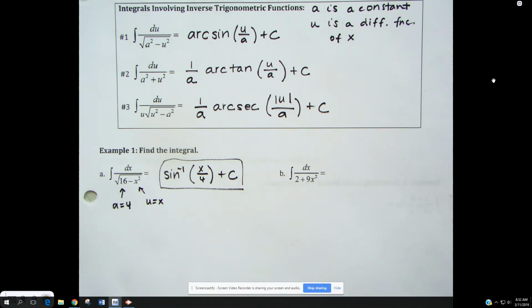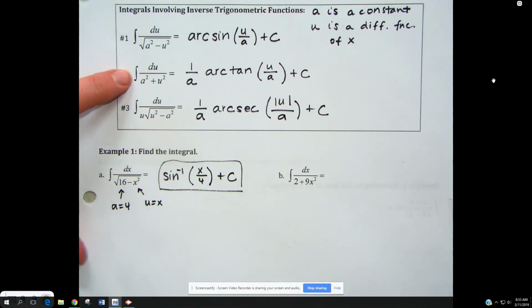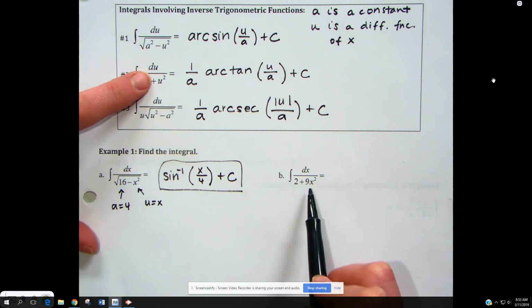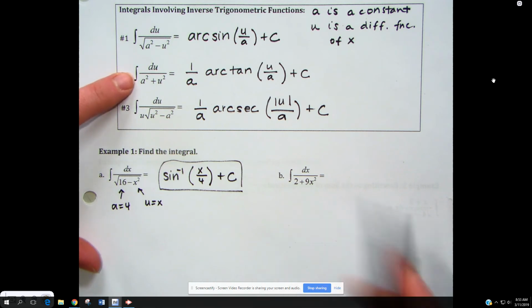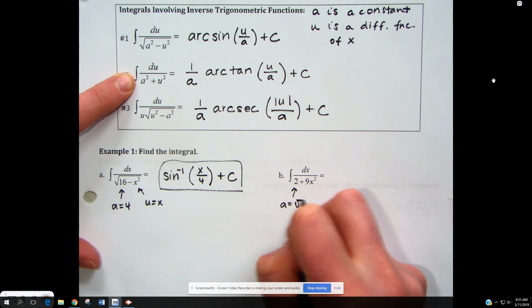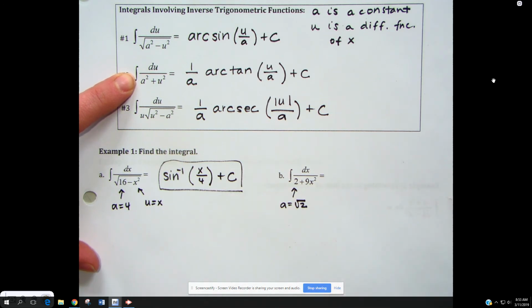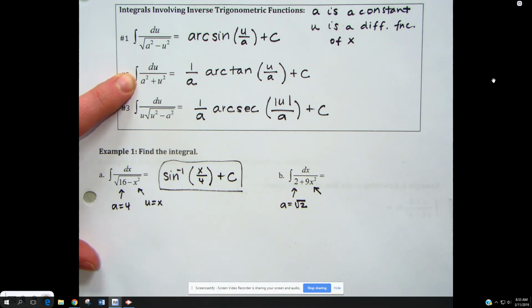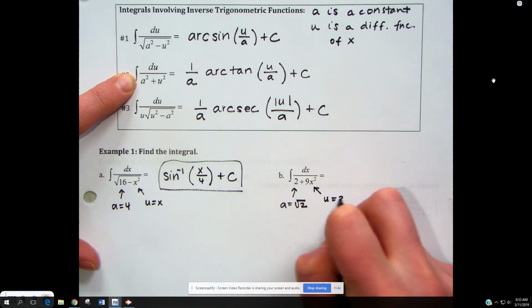But if I think about it, this one matches my arctan formula. I have a constant and I have a variable squared. So if a squared is 2, then my a is the root of 2. And this would represent my u squared. So that means that u is 3x.